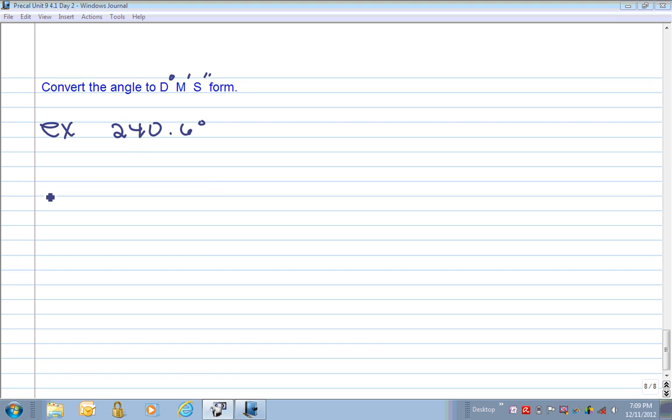When we're going the other direction, this is a full degree, 240 degrees, and this is the part of a degree. 0.6 is a fractional part of a degree, and we're going to convert that to minutes. So we would do 240, and then add to that the 0.6 times 60, and that's going to equal 36.